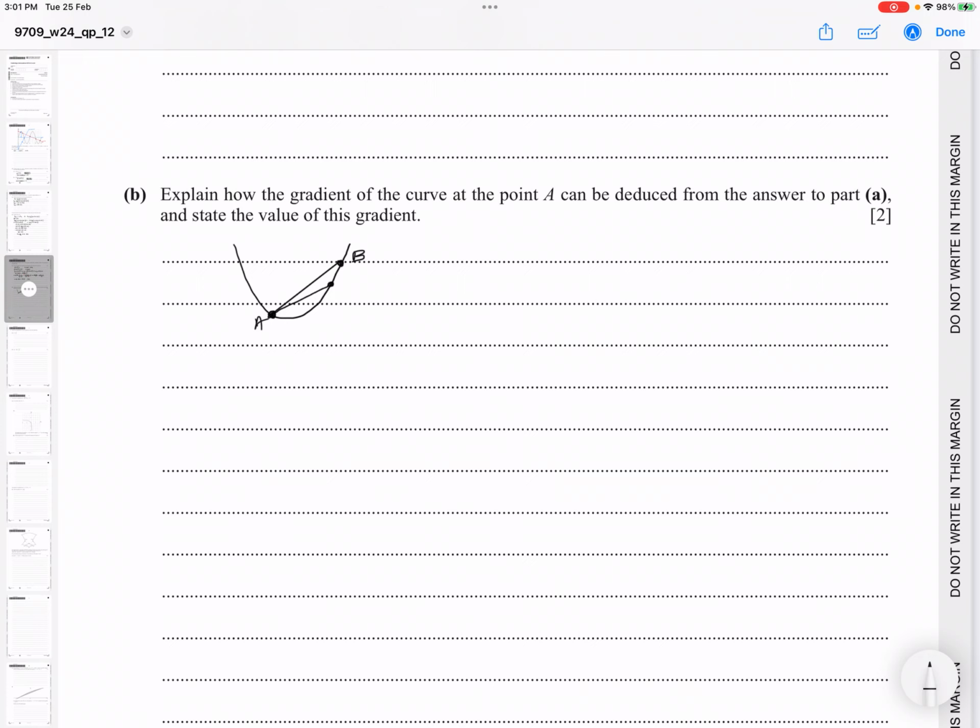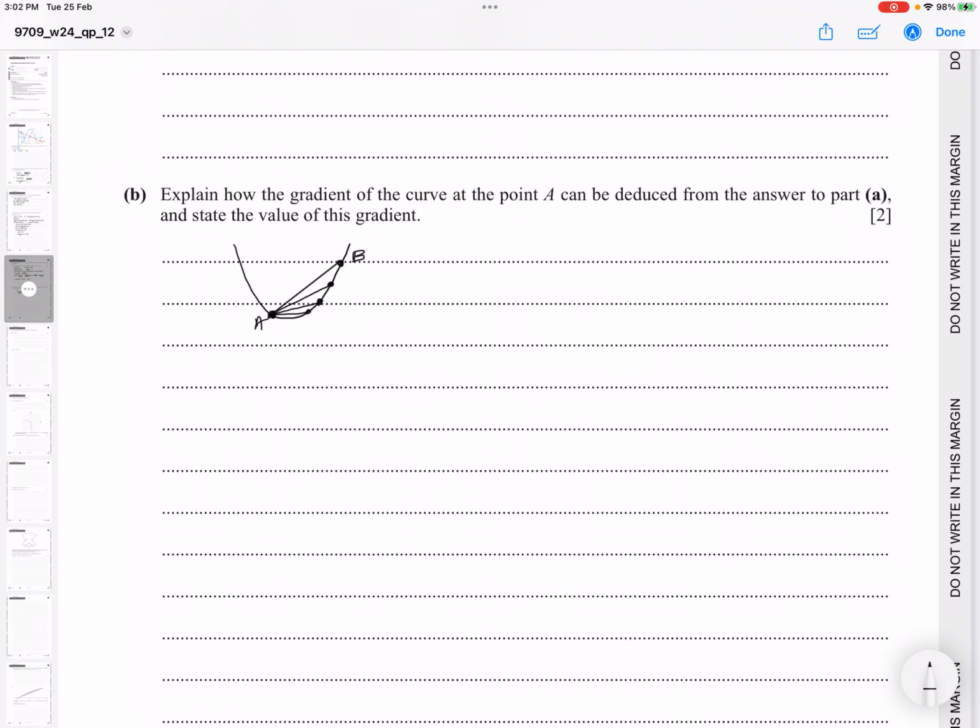If I bring B down towards A, finally it makes the tangent at A. So as B is moving towards A, h decreases its distance from A and eventually becomes 0.